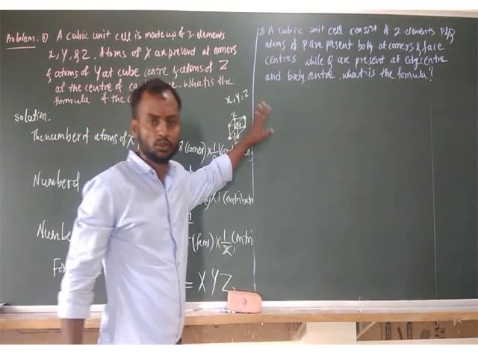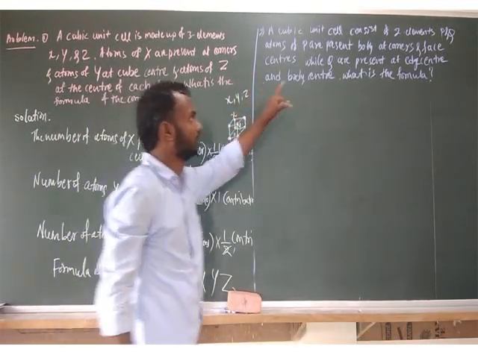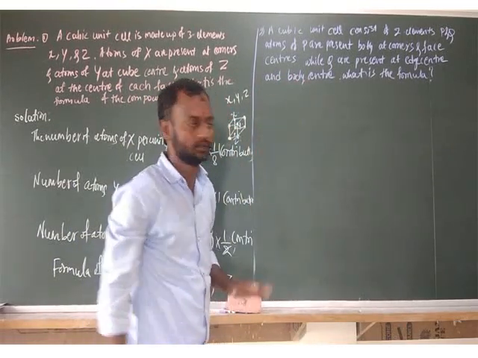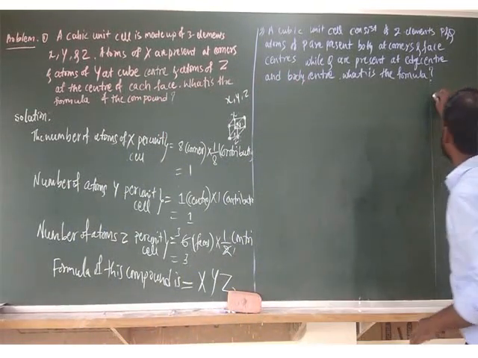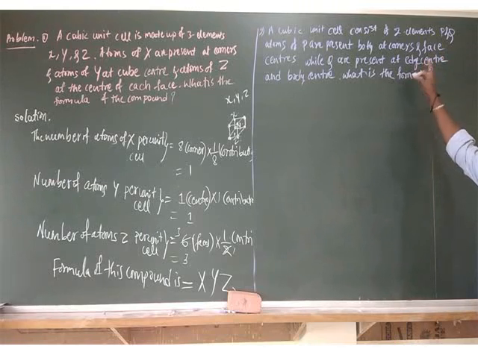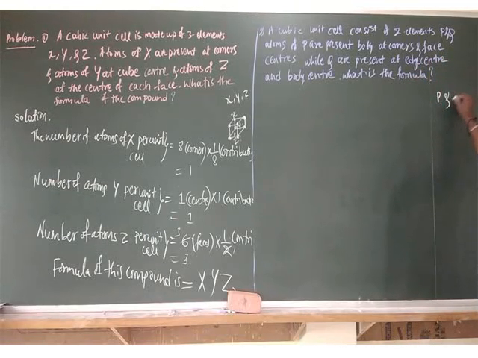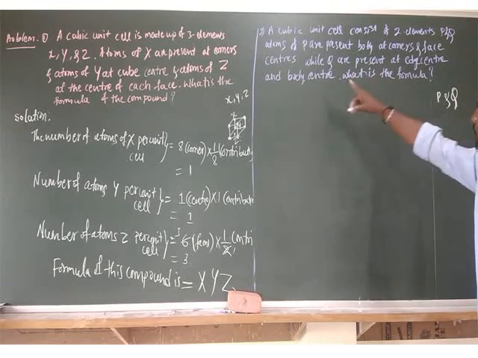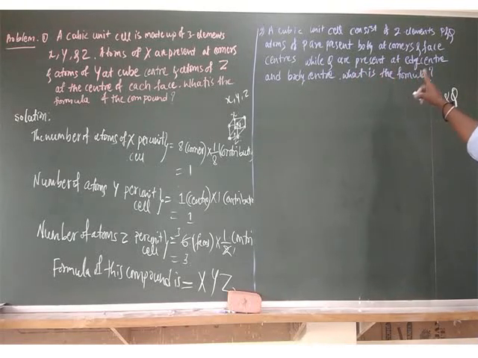Then problem number 2. A cubic unit cell consists of 2 elements, P and Q. Atoms of P are present both at corners and face centers.